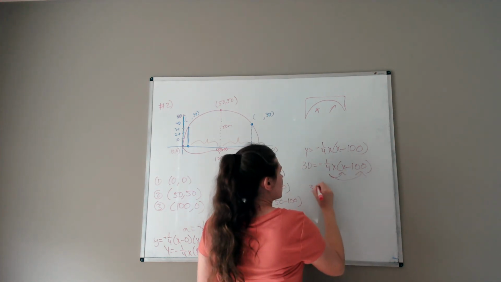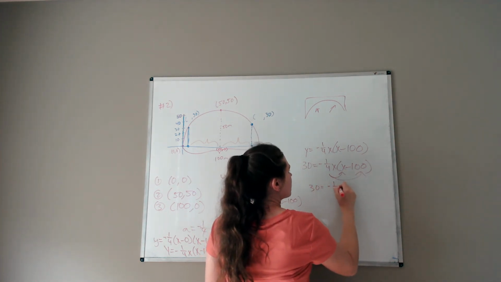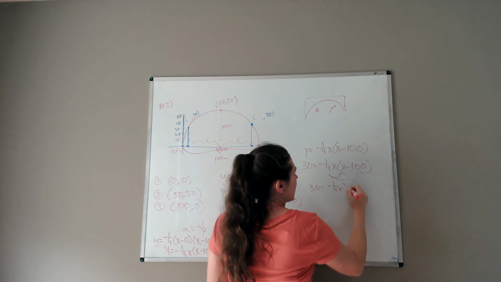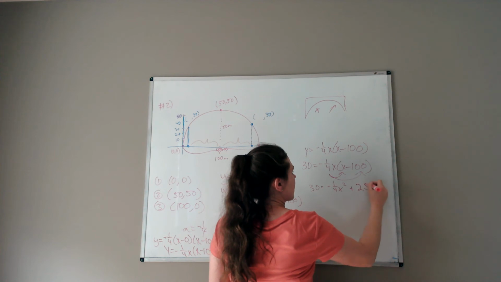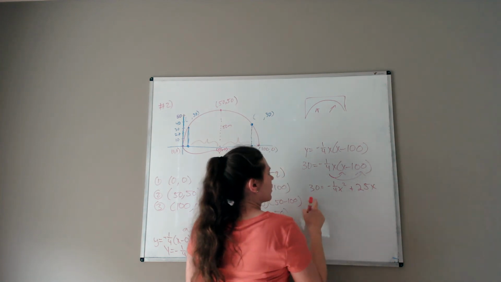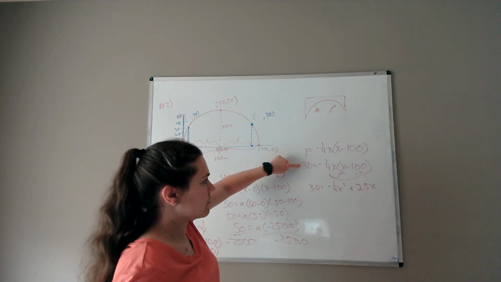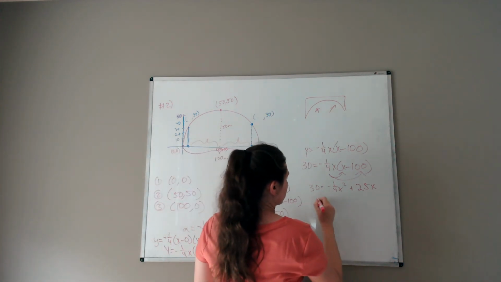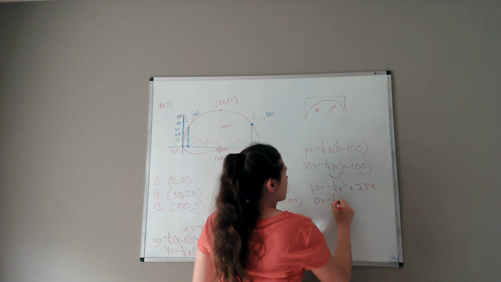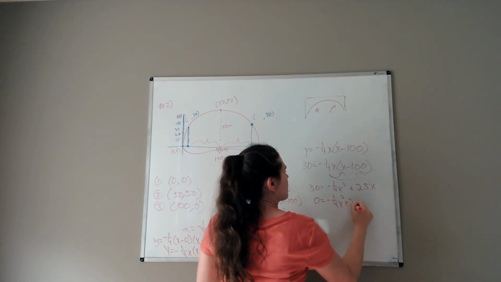So we have 30 equals negative 1/4 x squared plus a fourth of 100, that's going to be plus 25x. So this is going to be a quadratic equation that we need to solve. We can't solve like this. We're opening this thing up so we can get in standard form. So we have to now take away 30 from both sides because what we have to do here is solve.